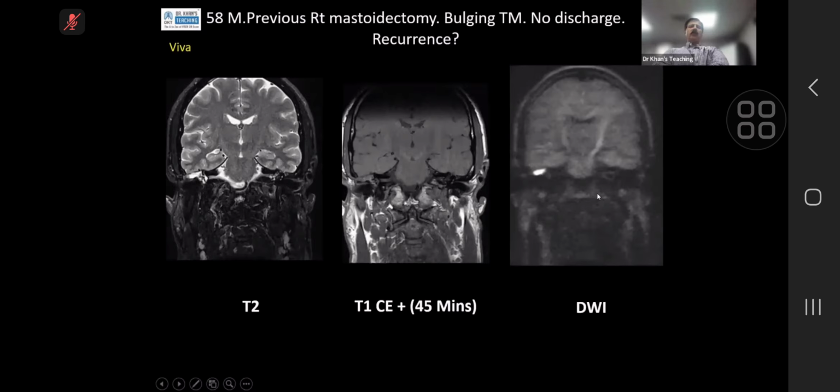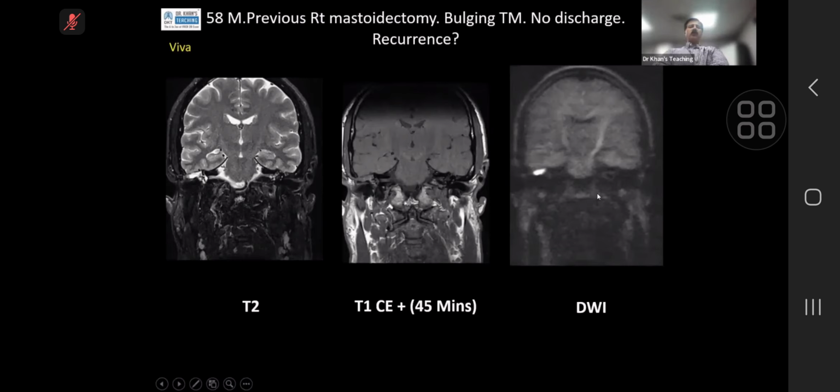So recurrent cholesteatoma is a nightmare on CT. Why? Because recurrent means that it has been already operated. They will do a partial mastoidectomy or even more extensive types of mastoidectomies. So there will be just soft tissue visible on CT scan.